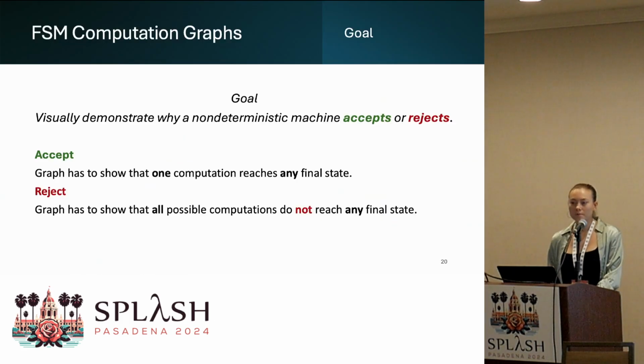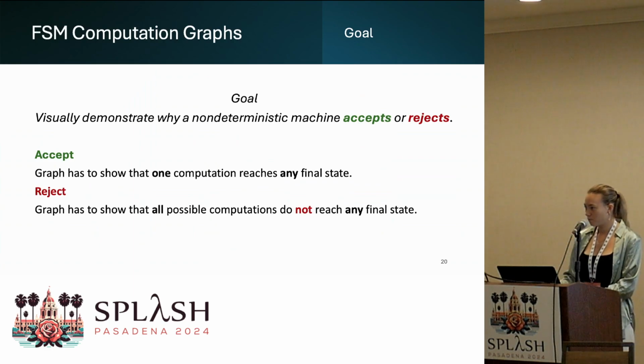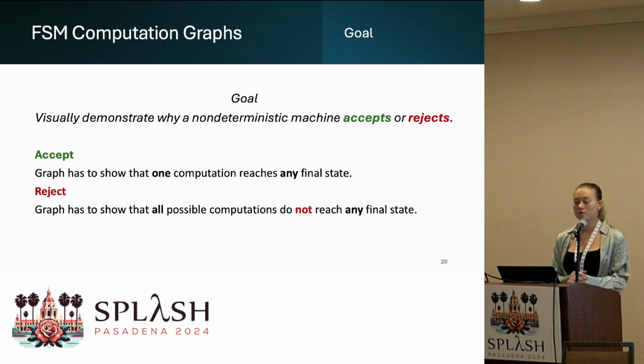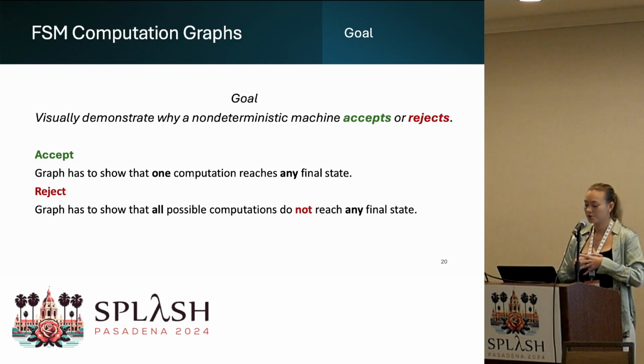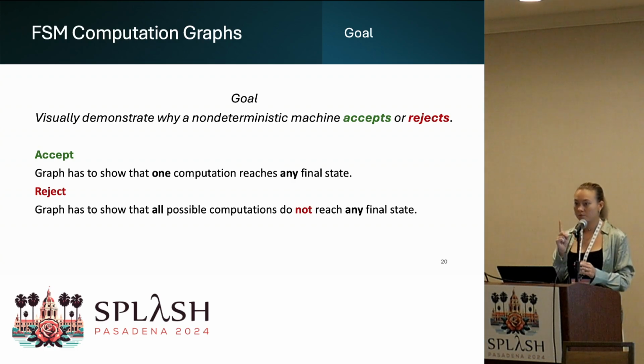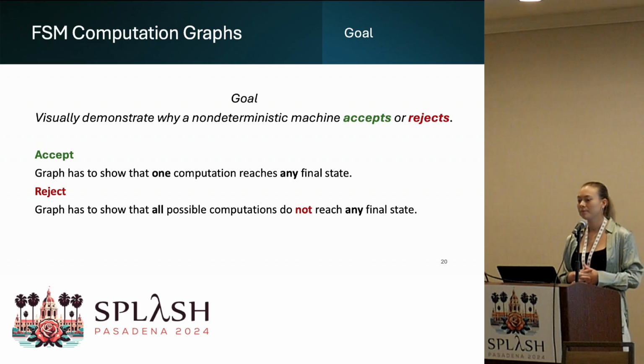The goal of a computation graph is to visually demonstrate why a non-deterministic machine either accepts or rejects a certain input word. Now, accepted words are easy. All that's necessary is to show that there's one computation that reaches any of the final states. But rejected words are more complicated because the graph has to somehow capture that all of the computations don't reach any of the final states, and it has to capture why they don't.